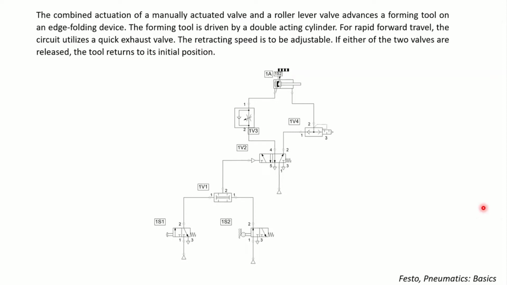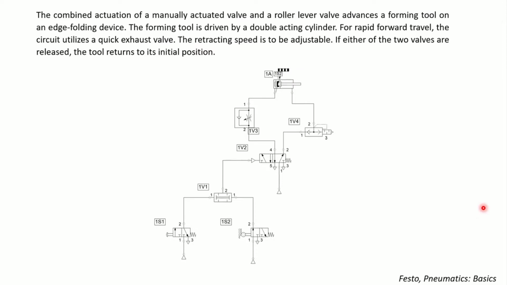So I extracted this example from Festo Pneumatic Basics, the textbook. As you can see here, I already put the circuit, and the first part of the problem is saying a combinational actuation, right?